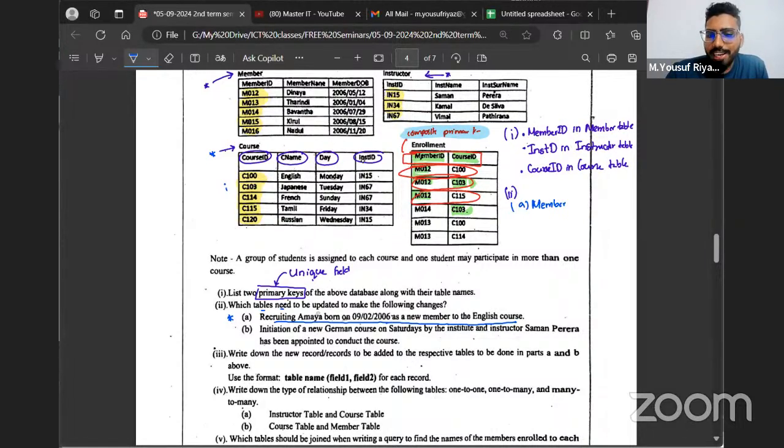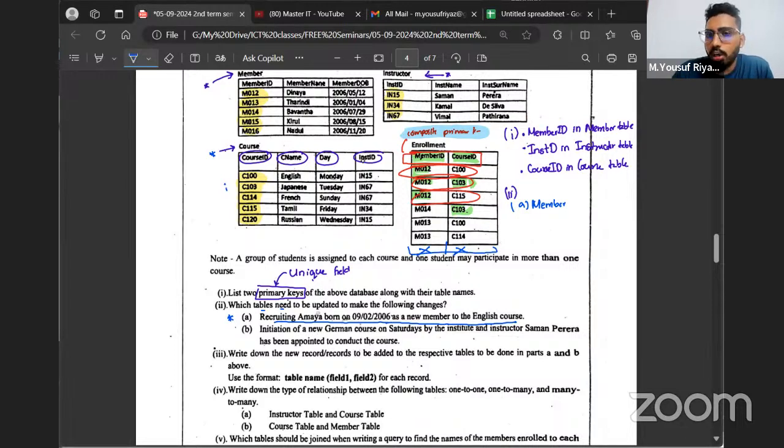Should I update the enrollment table? Yes. I have to come and tell that a new member called Amaya is joining the English course. They have mentioned that she is going to be enrolling for the English course. So in which table do I show that she's joining the English course? In the enrollment table.